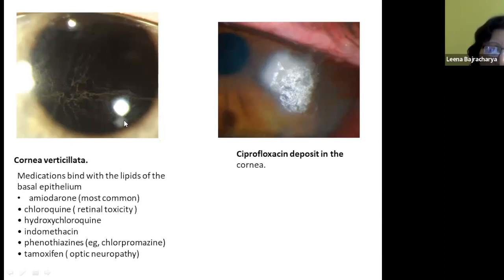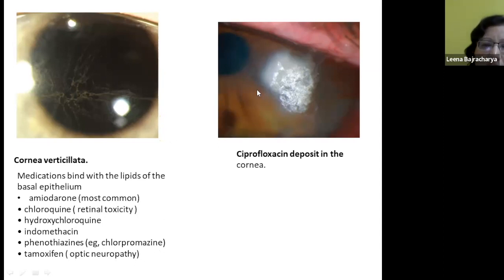Usually it is visually not significant, but if there is decrease in vision, we have to think of posterior segment toxicity, just like chloroquine can cause retinal toxicity, and tamoxifen can cause optic neuropathy. So if there is associated vision loss, we have to think of these conditions and evaluate properly.